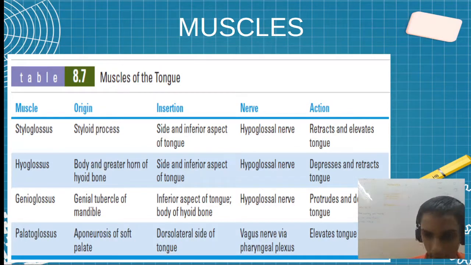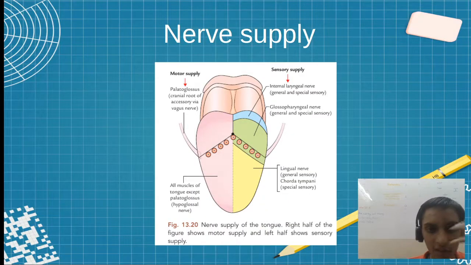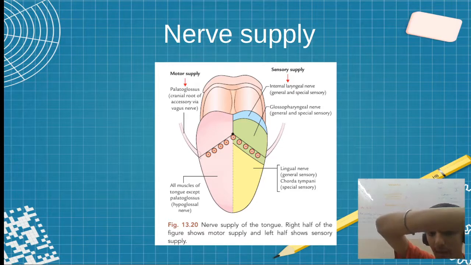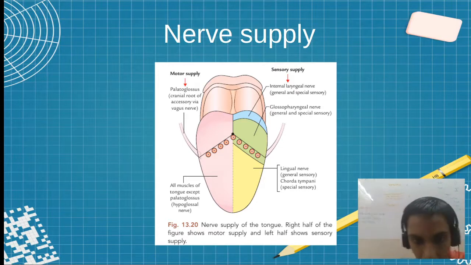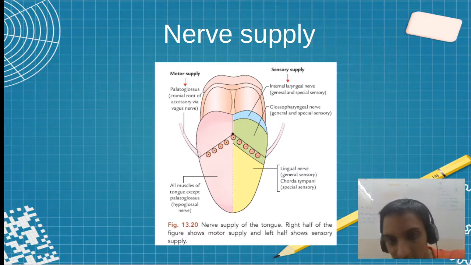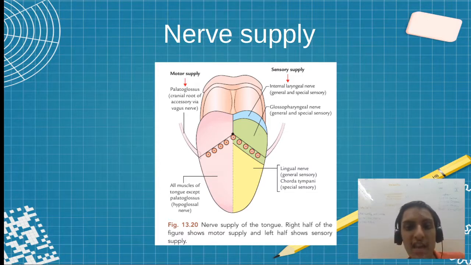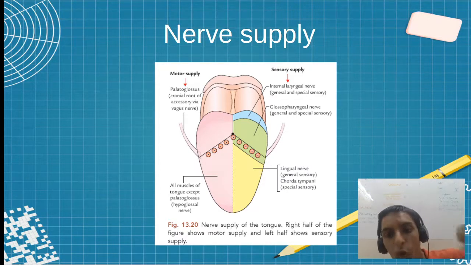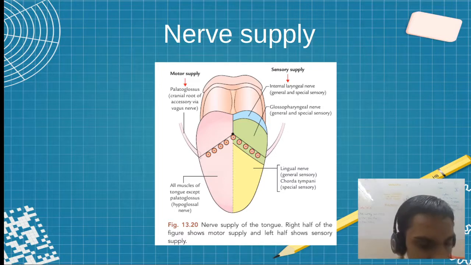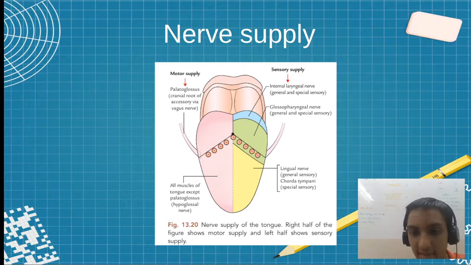Alright. Let us move on. We will go with the nerve supply. So we have the motor and sensory. Remember, motor supply is this. Our extrinsic muscles is the motor supply. What is the sensory supply? I told you in the taste pathway from the nucleus tractus solitarius, we were getting what cranial nerves? 8th, 9th and 10th cranial nerves.